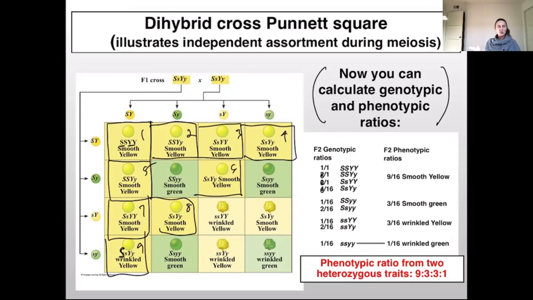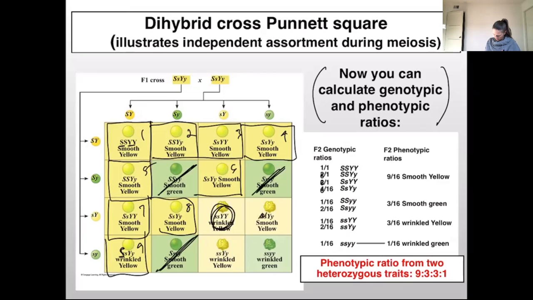Then I like to do the other ones some other way. So now we're going to look at smooth green. So we have 1, 2, 3 smooth green. Then we have yellow wrinkled. So we have 1 yellow wrinkled. And let's see here. And this is another typo. Oops. Smooth yellow.